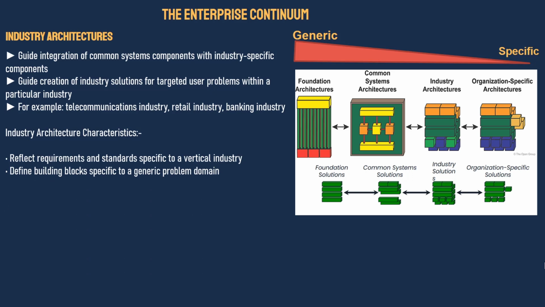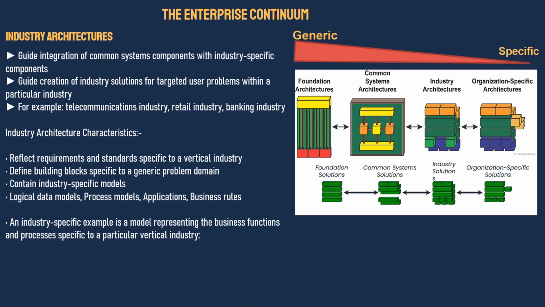Define building blocks specific to a generic problem domain. Contain industry-specific models, logical data models, process models, applications, business roles. An industry-specific example is a model that represents the business function and the process specific to a particular vertical industry: TMF for the telecoms industry, energetics data model accord standards.